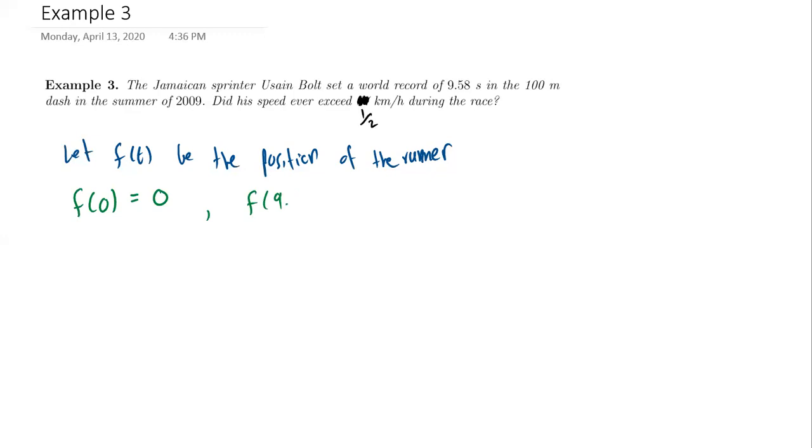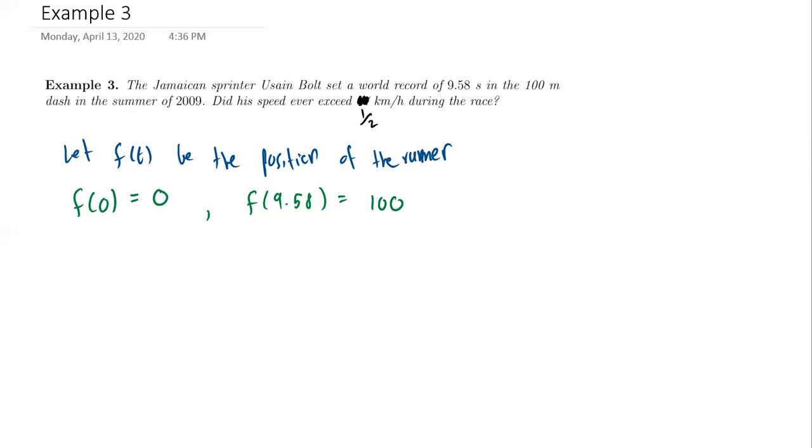After 9.58 seconds, well, we know that Usain Bolt had run 100 meters. So basically the position of the runner now is 100. So I'm just defining this function. This is the position of the runner, and we have the condition that f of 0 equals 0, and f of 9.58 is 100. Just with the input being the time and with the information we have.